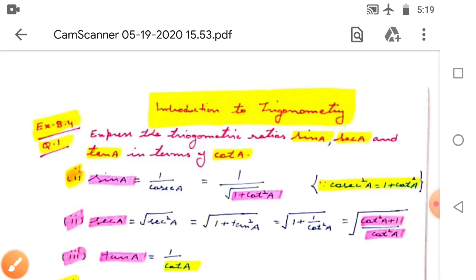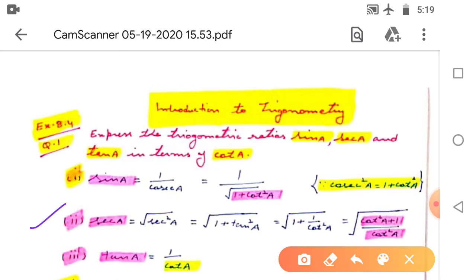Okay. Now the second part, that is sec A. So this sec A we write as under root sec square A. Sec A is equal to square root of sec square A. And according to the identity, 1 plus tan square theta is equal to sec square theta.